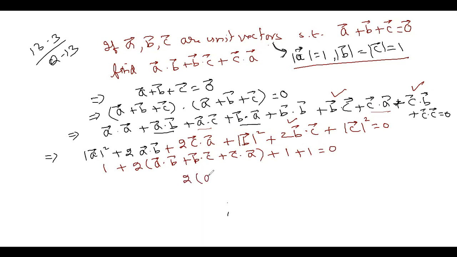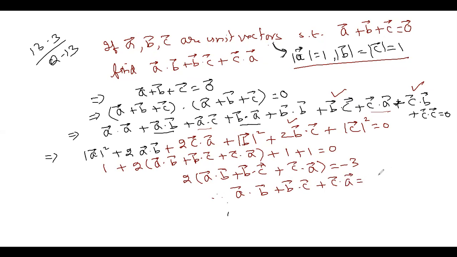So 2 times A dot B plus B dot C plus C dot A is equal to minus 3. Therefore, the value of A dot B plus B dot C plus C dot A is equal to minus 3 by 2.